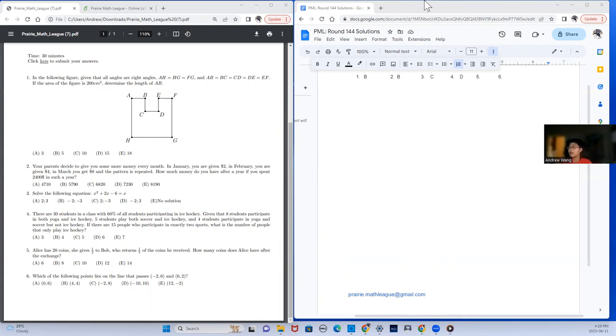We'll make two sides to solve this. So first side is A for Alice's side. Second side is B for Bob's side. So Alice starts out with 20, and she gives half of it to Bob. So minus her total, which is 20.